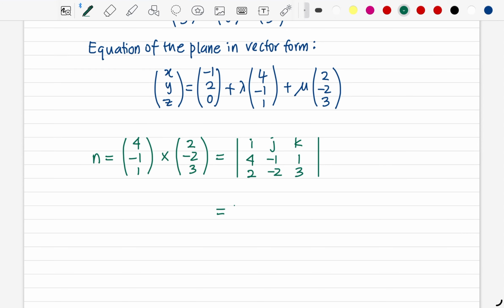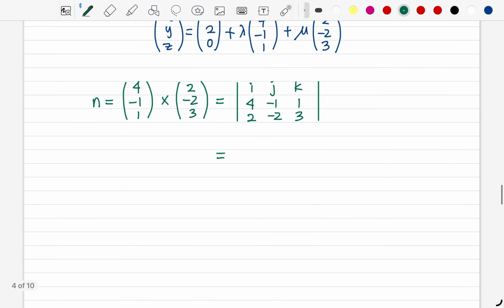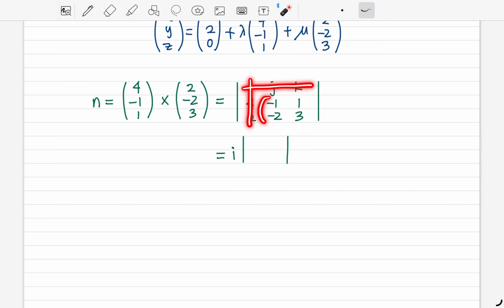And this equals i, the determinant of the 2 by 2 matrix where we delete the first row, first column, and you will see -1, 1, -2, 3.